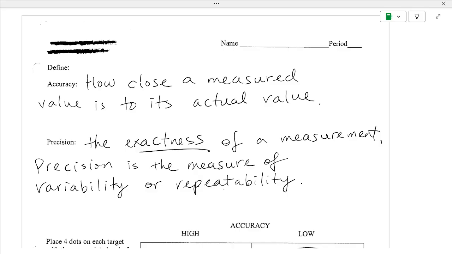Sounds like a word, so we'll use it. How repeatable something is. If it's very, very highly repeatable that you get the same measurement over and over again, you've achieved a high level of precision. But does that mean you're accurate? Oh, not necessarily. Because accuracy depends on how close you are to the number you're supposed to get when you measure.